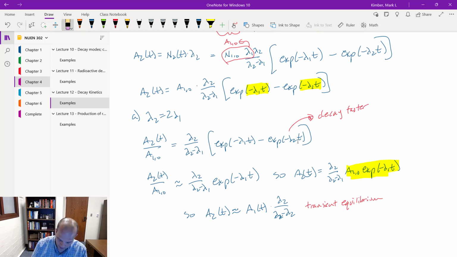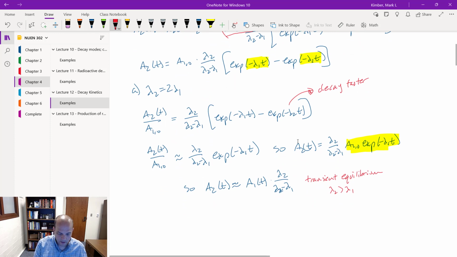This should be a 1 there, sorry. Lambda 2 minus lambda 1. And then we know what activity at 2 would be. So this is called transient equilibrium, and this is going to occur when lambda 2 is greater than lambda 1.